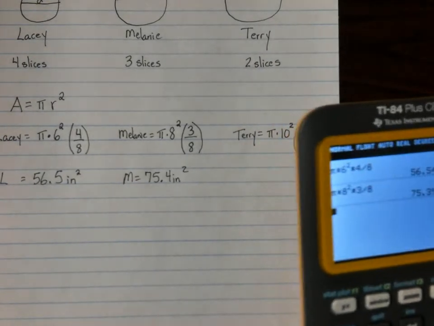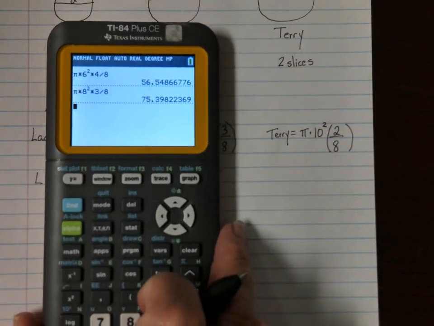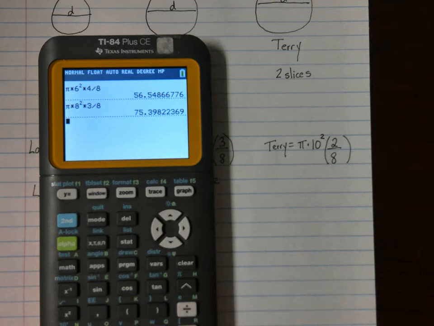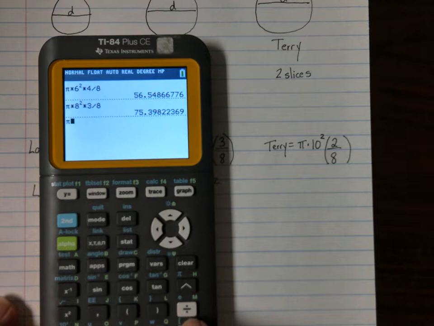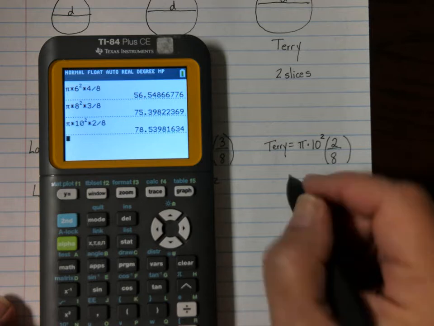Alright. Now let's see Terry. He had the extra large pizza, but only 2 slices. So pi, which Terry tells me he would not only eat 2 slices, he would eat way more than that. 10 squared times 2 divided by 8. 78.5.